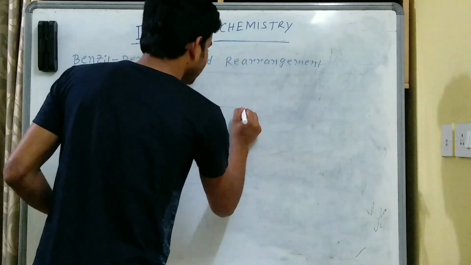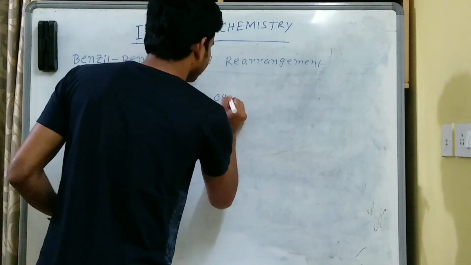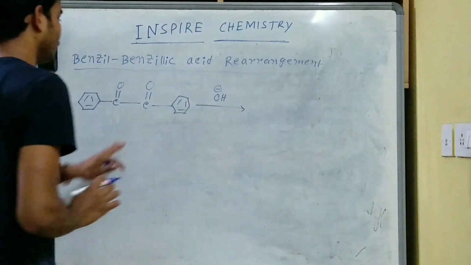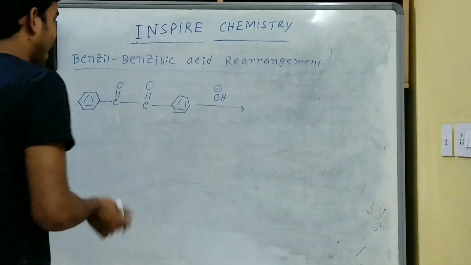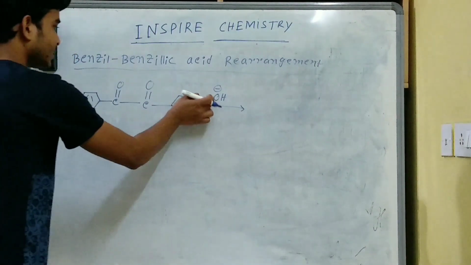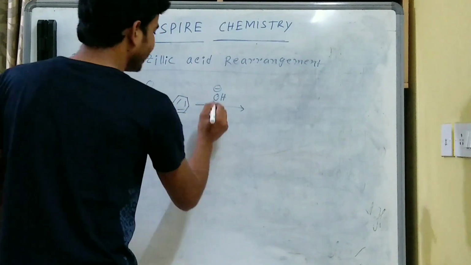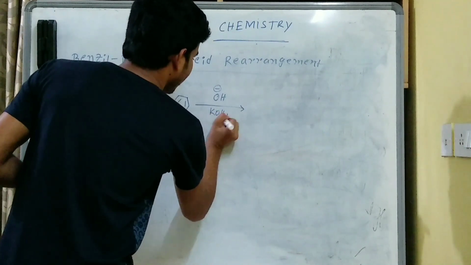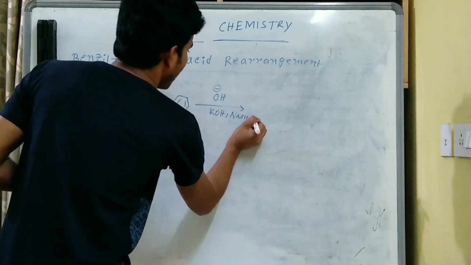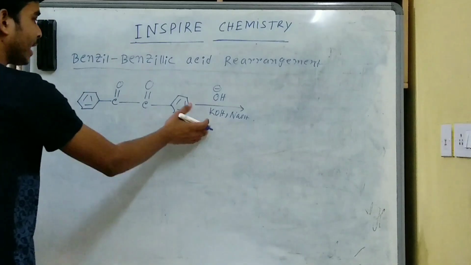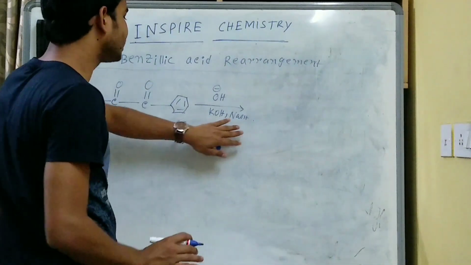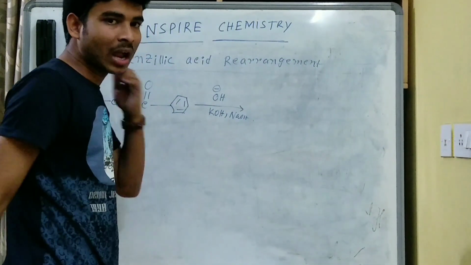At first this type of diketone is taken, and after that a base like OH or OMe is used. In most cases it is a hydroxide base, KOH or NaOH. Strong bases are used here.